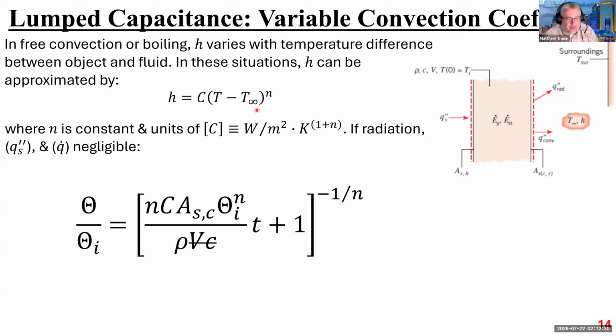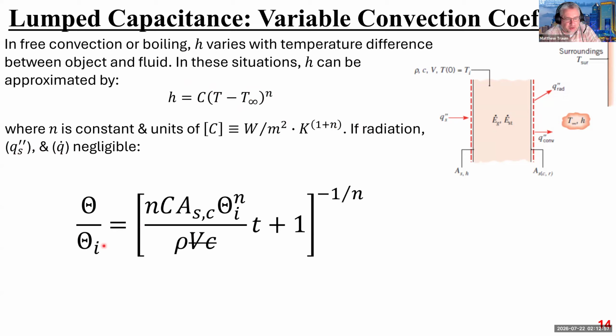Okay, and so if we've got this as our expression for temperature difference, which of course, as we said, is variable, and if radiation, Q double dot and Q dot are negligible, so that's the internal energy term and the volumetric term, this expression is what pops out, right?